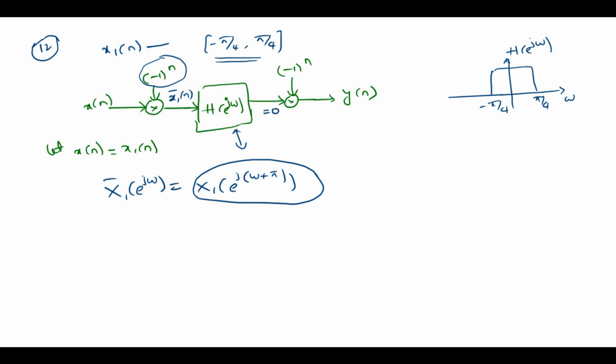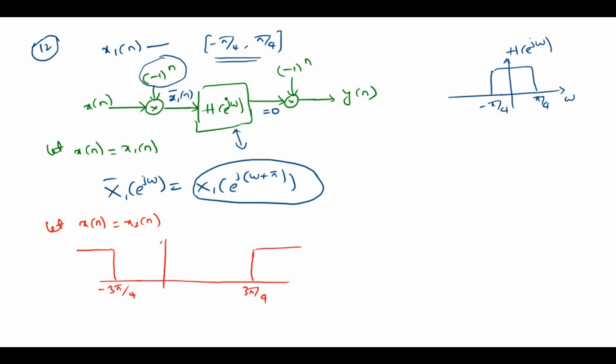Okay. Now see, if you are applying the second one, if the input is x2, having the frequency spectrum like this, which is from minus 3 pi by 4 to 3 pi by 4.